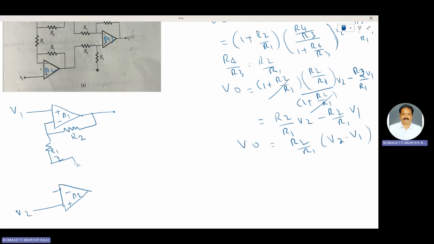Minus sign here. Minus is connected to R1 by 2, R1 by 2. One more resistor is there, that is the feedback resistor, that is R. This is V01 and this one is V02.